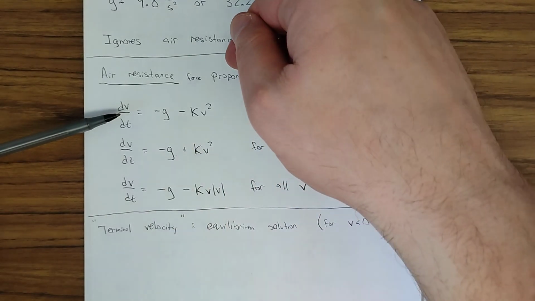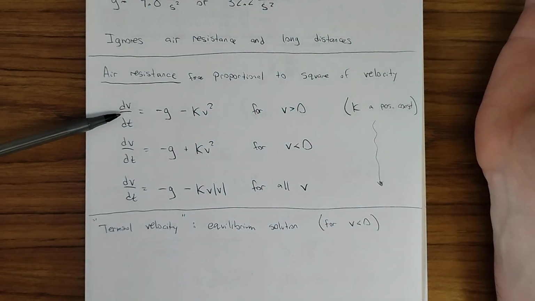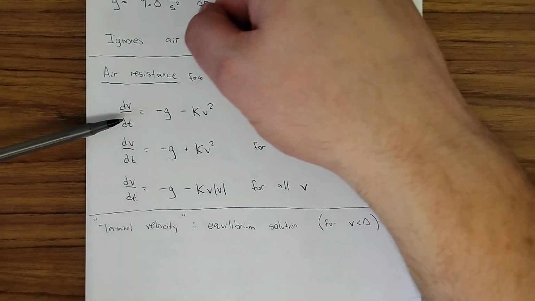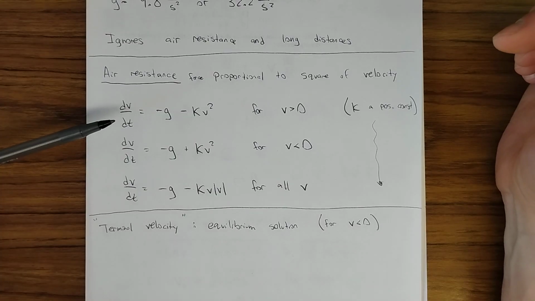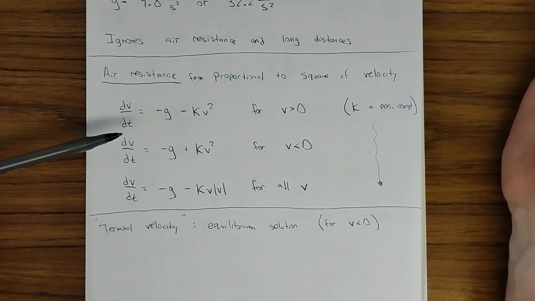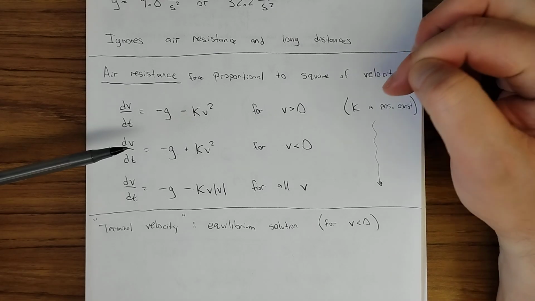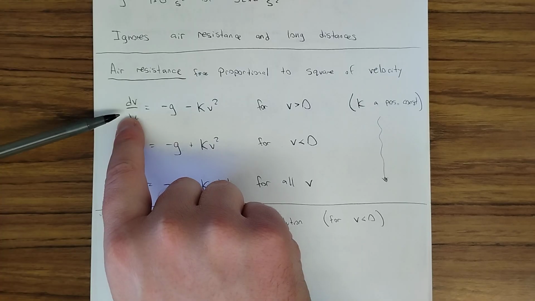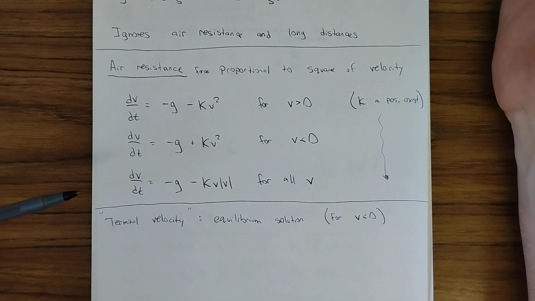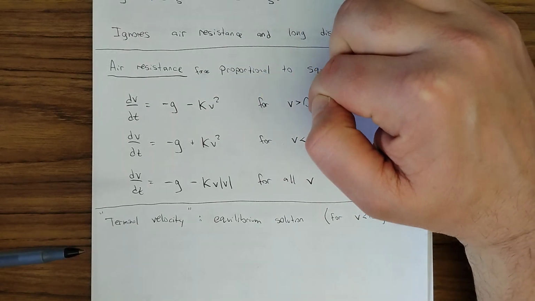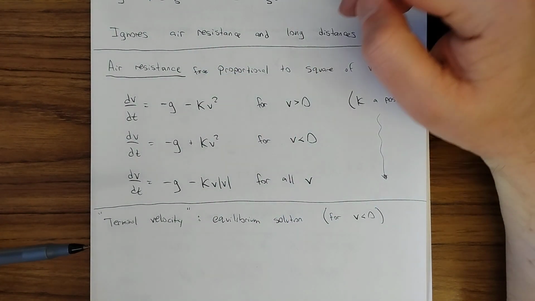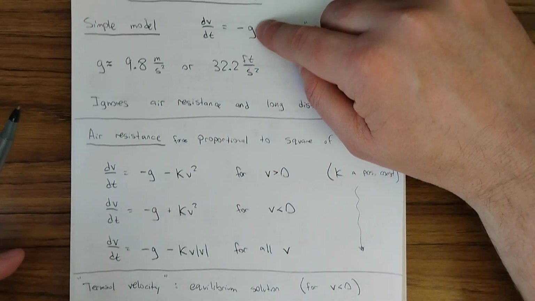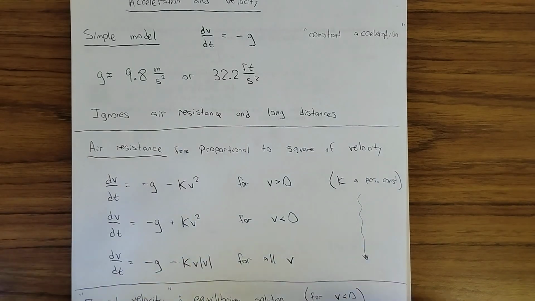And of course, force is mass times acceleration, and we're assuming the object that's falling has a constant mass. So if force is proportional to the square of velocity, then acceleration is also proportional to the square of velocity. So I just introduced a term that goes in the opposite direction. So if v is positive, it's going to go in the negative direction, and it's proportional to the square of velocity. So that's this. So it went from this to this.